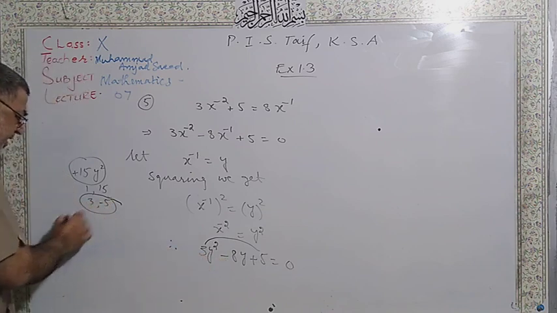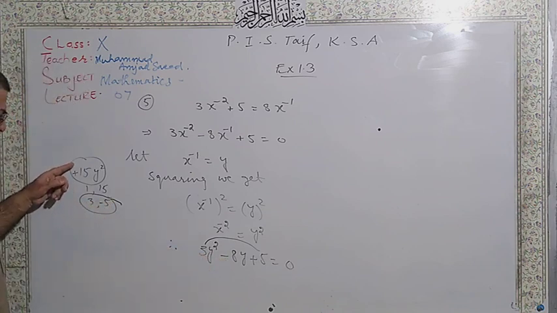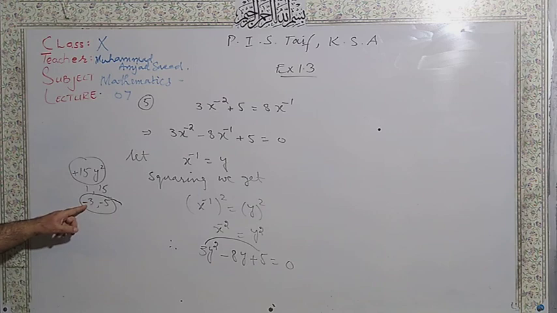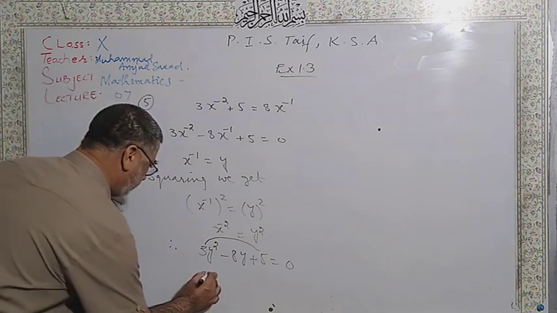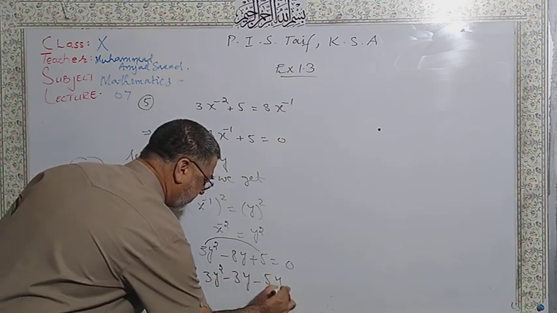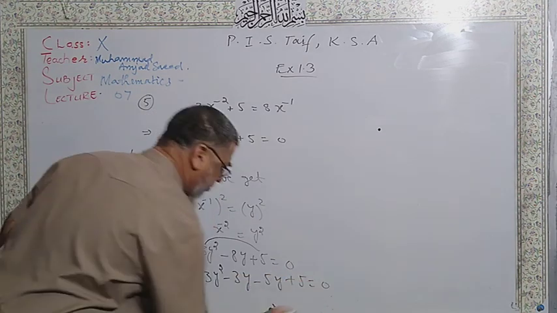So this is minus 5, and that's why this must be minus 3. Minus 5 and minus 3 added give minus 8, and multiplied, minus times minus is plus, and 5 times 3 is 15. So you can write 3y^2 - 3y - 5y + 5 = 0.